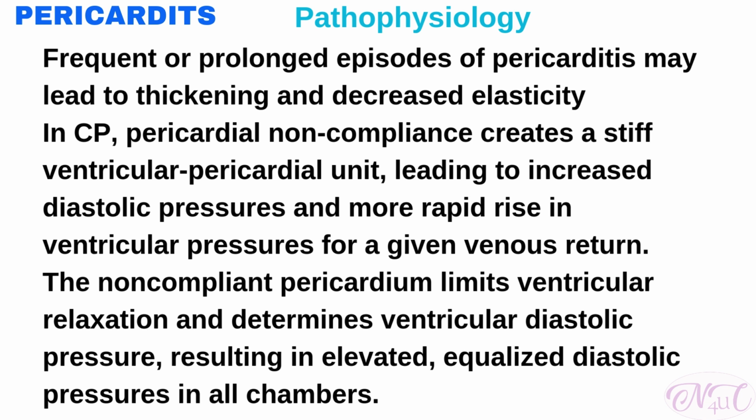In constrictive pericarditis, pericardial non-compliance creates a stiff ventricular pericardial unit, leading to increased diastolic pressure and more rapid rise in ventricular pressure for a given venous return. The non-compliant pericardium limits ventricular relaxation and determines ventricular diastolic pressure, resulting in elevated, equalized diastolic pressures in all chambers.